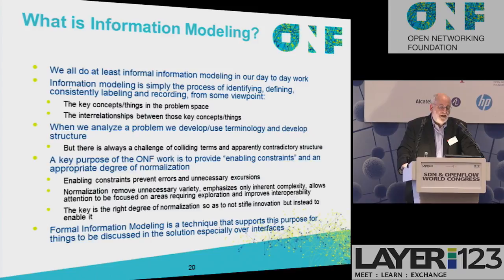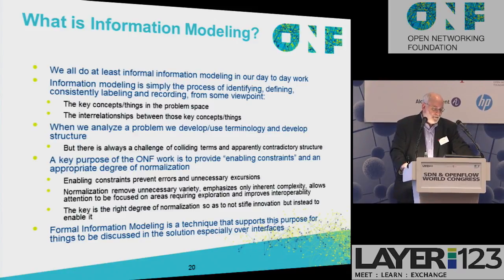And when you do something like this, there's always a challenge of colliding terms and contradictory structure, or possibly so. So one of the things that they work very hard on is to provide the constraints and a degree of normalization so that everyone is talking about the same thing with the same terminology.